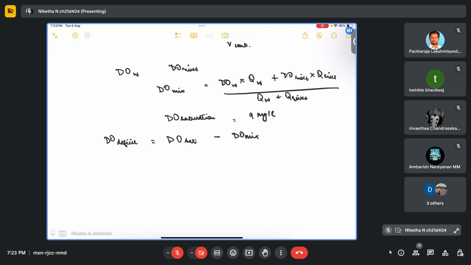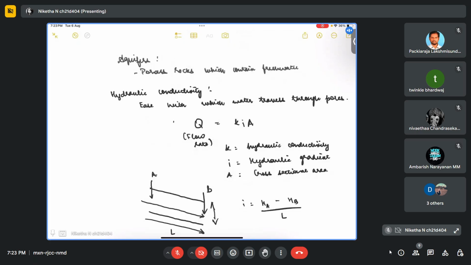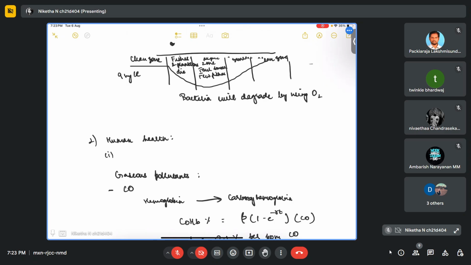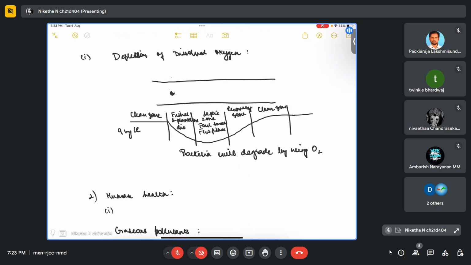When we were looking at the oxygen sag curve, this minimum concentration is the point where your deficit is going to be maximum. And the deficit at this point is going to be your critical DO deficit.